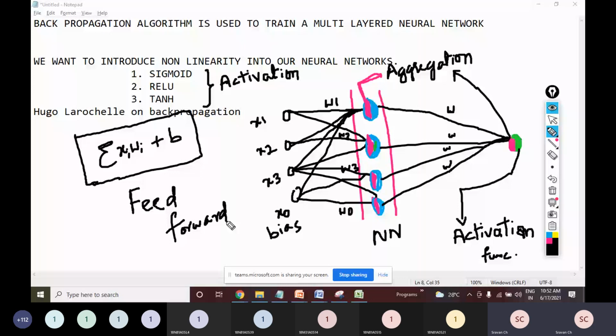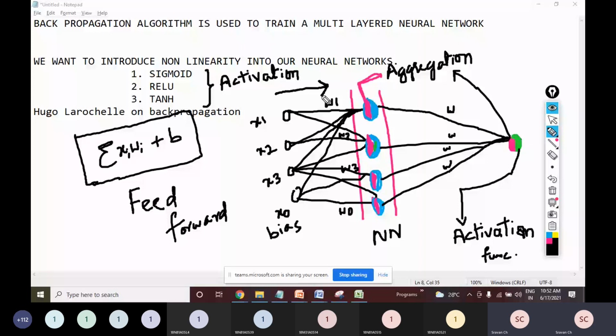In this layer I get some output, it is passed to the next layer. From layer 1 to 2, 2 to 3, 3 to 4, 4 to 5, I am feeding my inputs and my weights in one direction, that is from 1 to n, in the forward direction. That's the reason this is called a feed forward neural network.